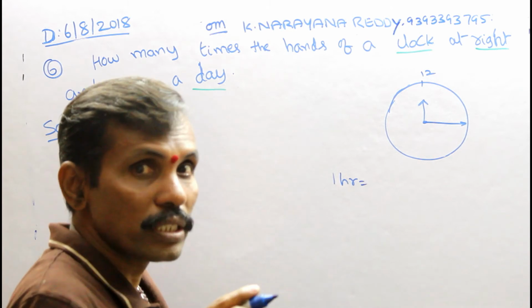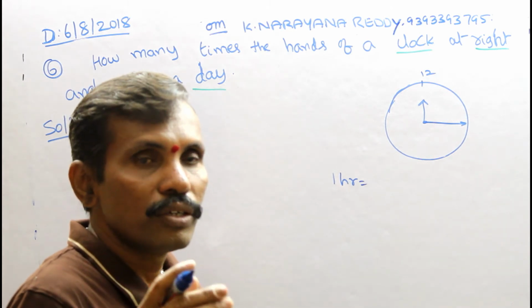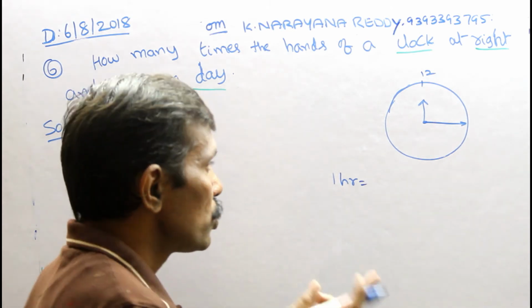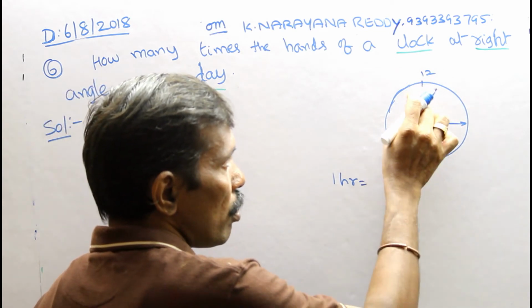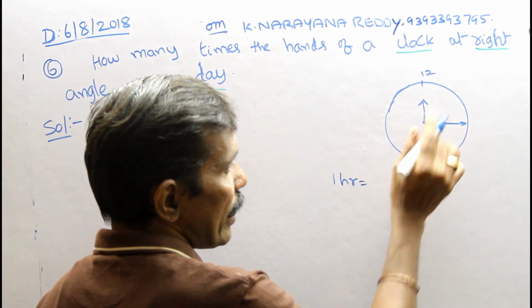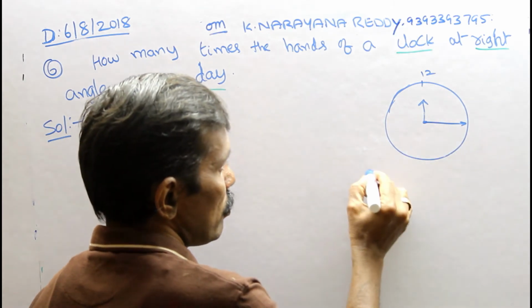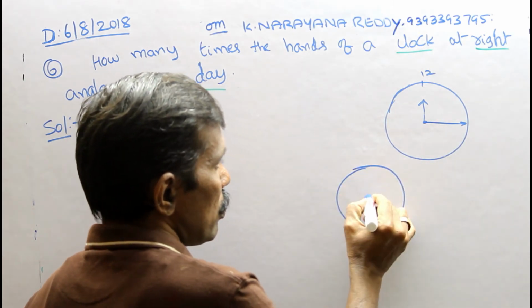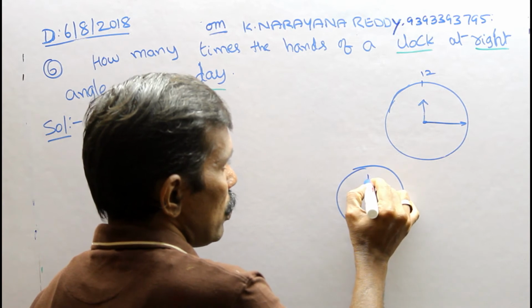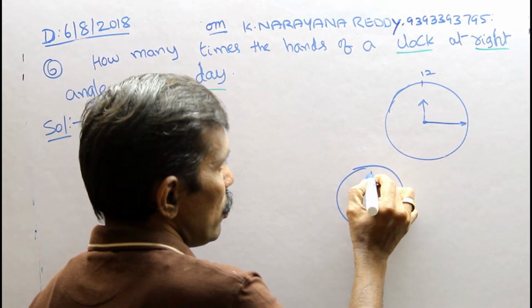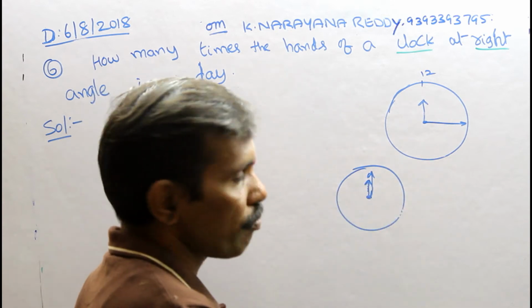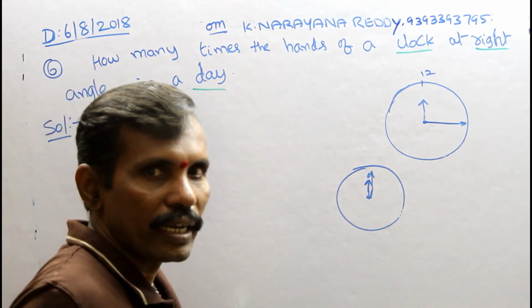In 12 hours, how many coincidences are there? 12 coincidences are there. So this one is opposite, this is right angle. I will draw another figure. This is the minute hand, our hand, this is the minute hand. At the time of 12, there is no angle.